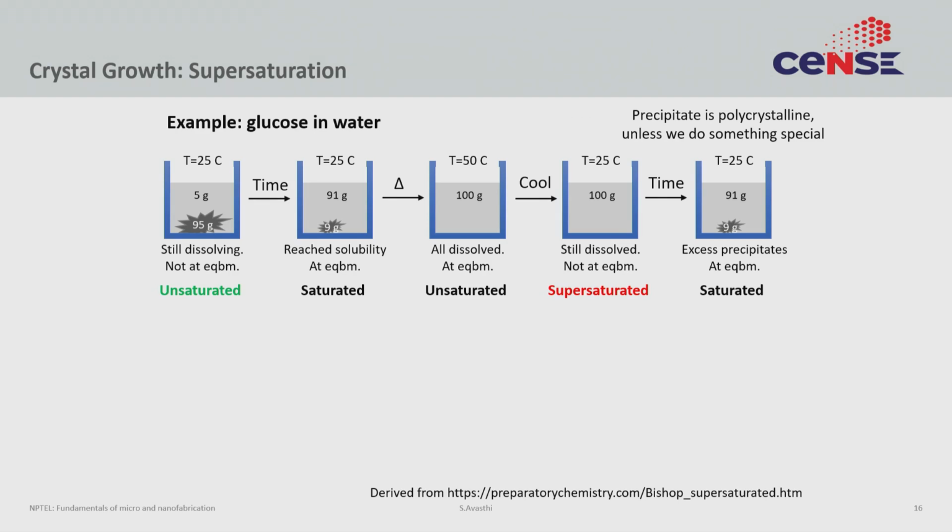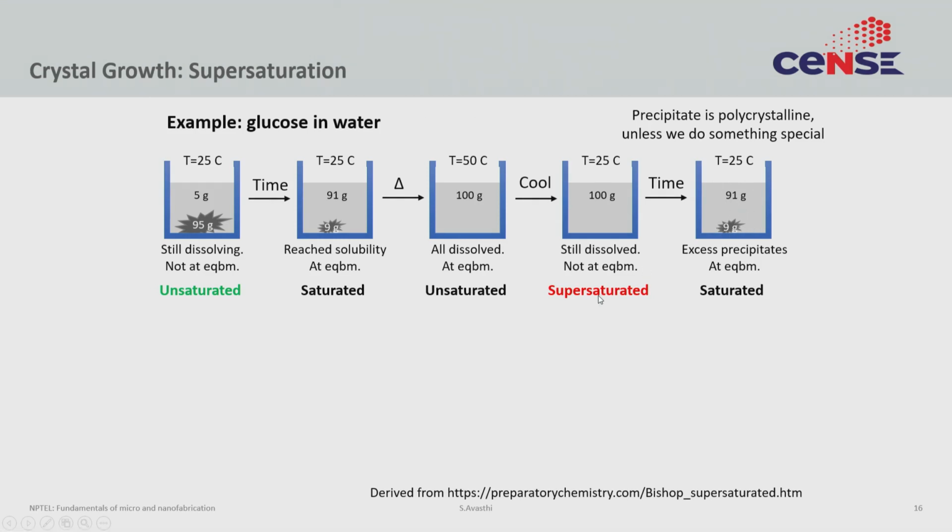This system is not under equilibrium, and if you allow it a nucleation event, what that is we will discuss in a minute, then the excess glucose will precipitate out. Because it is precipitating out from a solution, the process is often slow, and if you can through some tricks make it very slow, you can get a crystalline glucose precipitate that precipitates out from the solution, so that it again has 91 grams in the water and 9 grams is your precipitate.